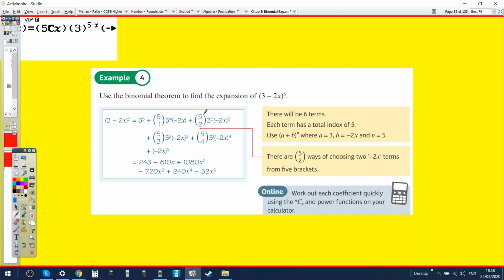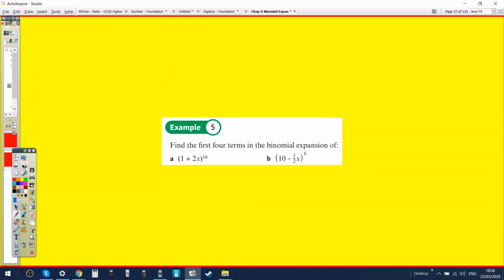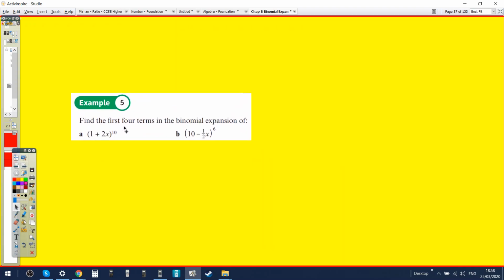If you go to binomial expansion, suddenly there's no more Pascal's triangle stuff. It's just 5 choose 1, 5 choose 2, 5 choose 3, 5 choose 4. And so you would never do that. When find the first 4 terms, that would be 10 choose 0, 10 choose 1, 10 choose 2, 10 choose 3, and then you would stop. Same with this one. They don't ask you to do all 11 because it starts from 0.